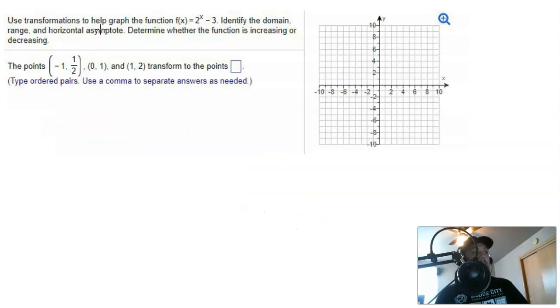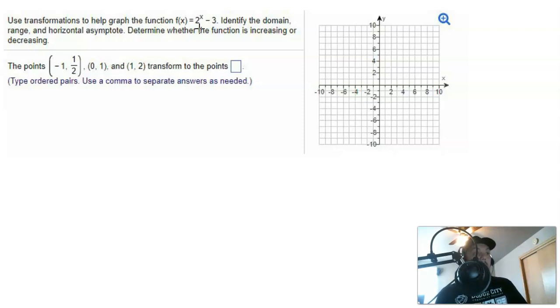Okay, so use transformations to help graph the function f of x equals 2 to the x power minus 3, identify the domain and range, and the horizontal asymptote. Determine whether the function is increasing or decreasing. All right, so a lot of those things we just talked about on the previous slide. So this part of the homework throws students through a loop because it's a little different than what you've been asked to do before.